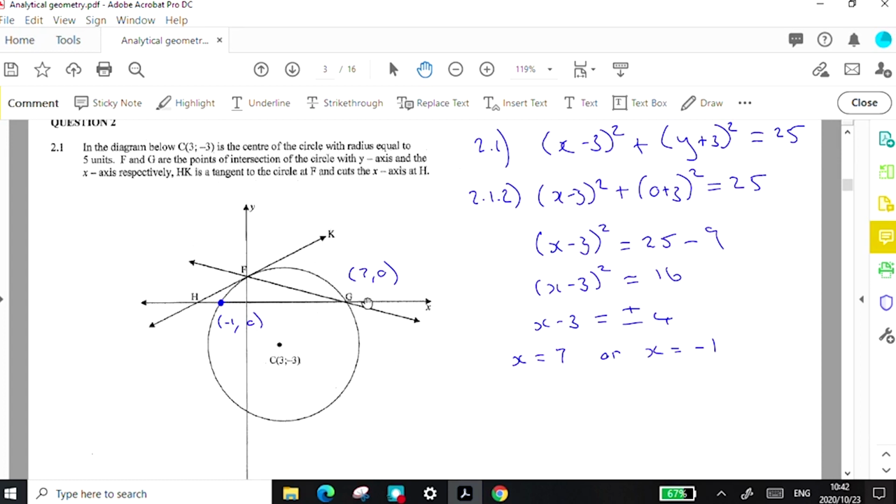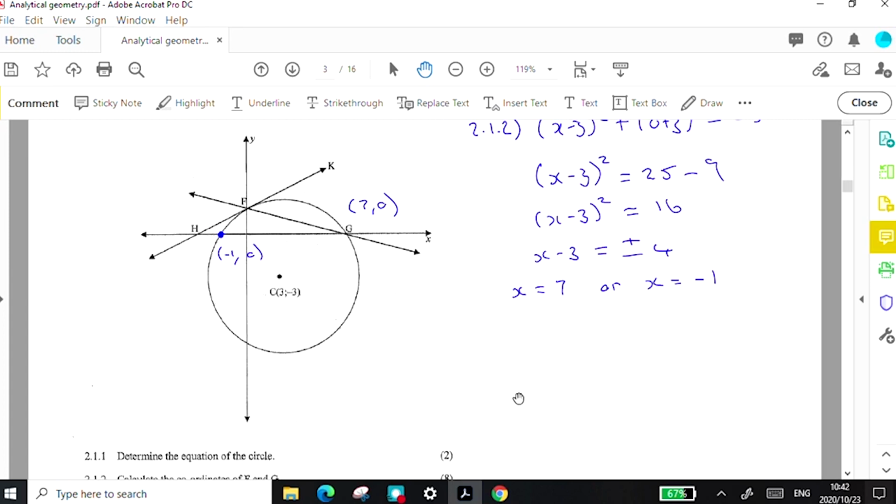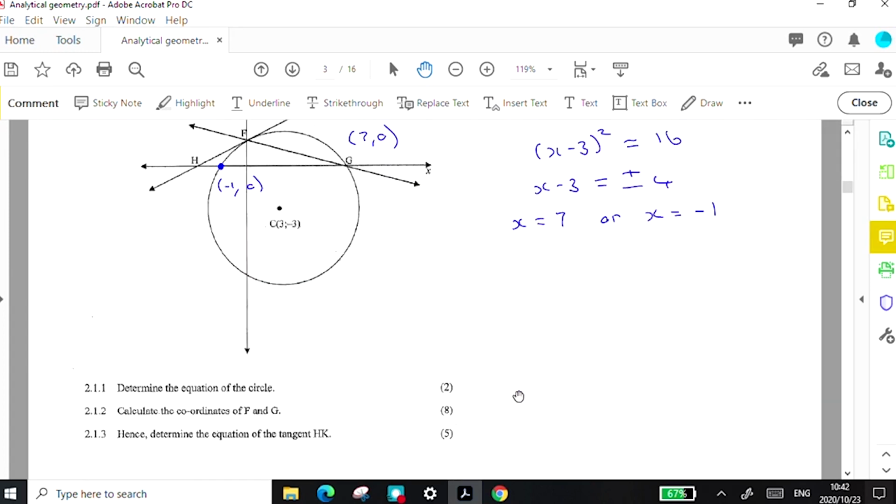So we have these 2 points. Either x is here, which is G, or x is in this location, in the negative quadrants. So we have the coordinates of G.